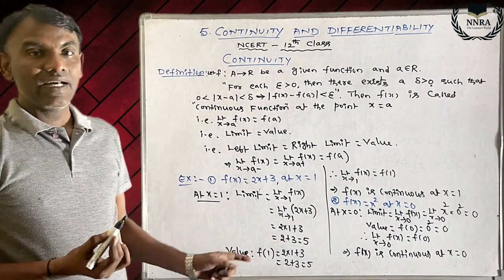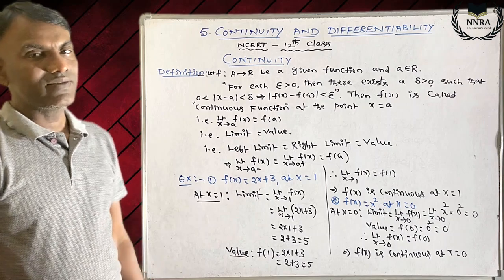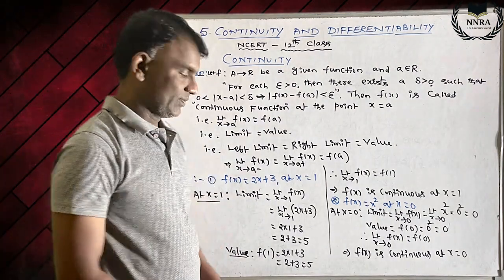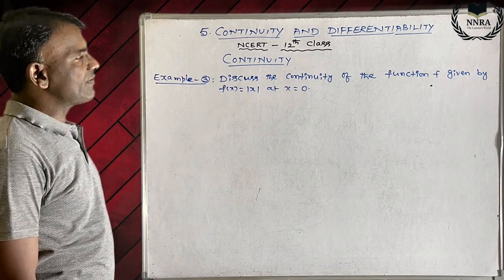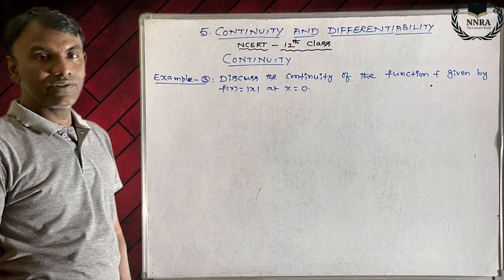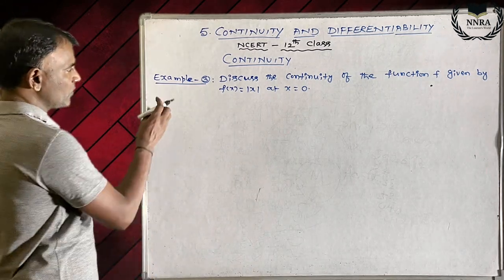If limit is not equal to value, then we say that the function is not continuous or discontinuous. Clear? Now this is the third example. Discuss the continuity of the function f given by f of x equal to mod of x at x equal to 0. So how to prove this?